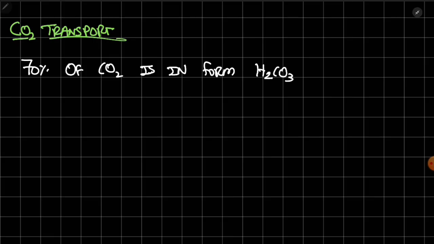Then a smaller percentage is carbaminohemoglobin, and less still is in dissolved form. So 70% of CO2 is in the form of H2CO3.